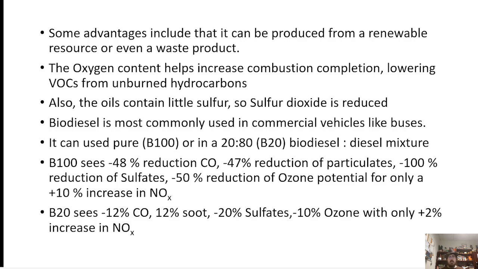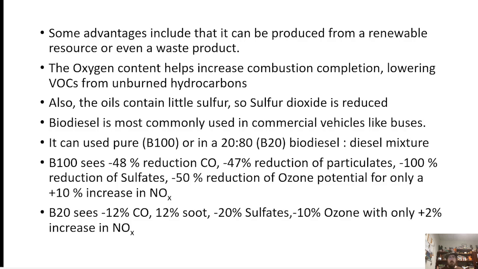Now, the oxygen content from the ester also increases the combustion completion, lowering the VOCs from the unburned hydrocarbons. And because the oils are not taken from the ground and contain little sulfur, we don't produce as much sulfur waste. So biodiesel is most commonly used in commercial vehicles like buses.